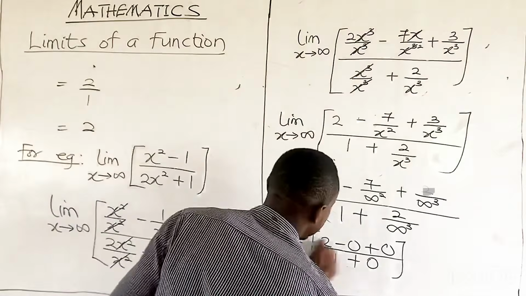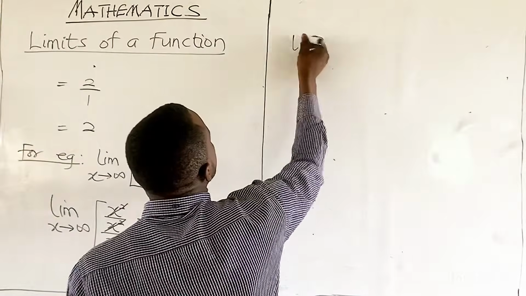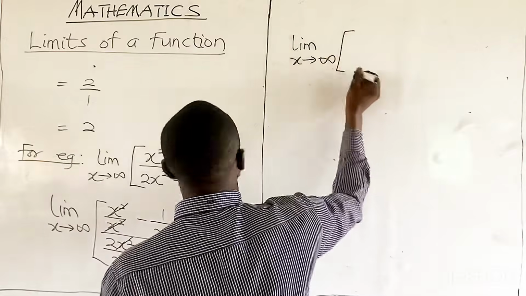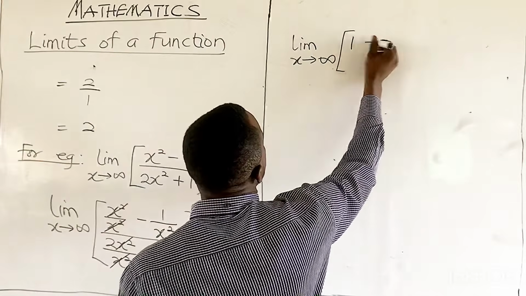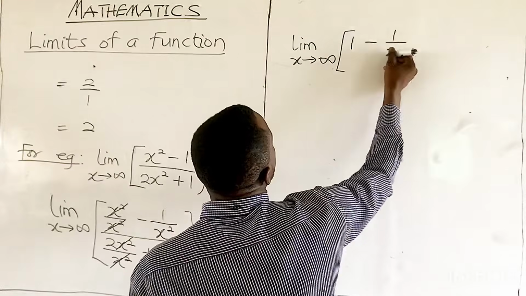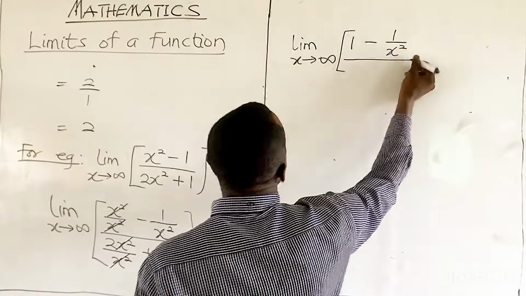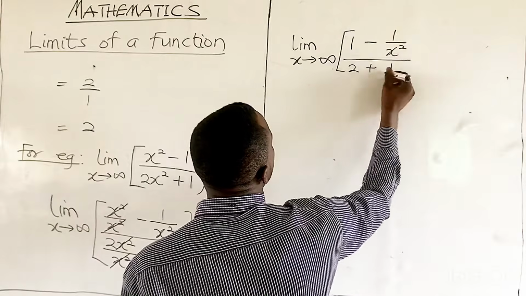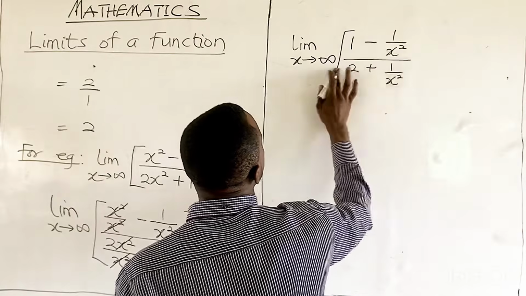So we have the limit as x approaches infinity of (1 minus 1 over x squared) all over (2 plus 1 over x squared).